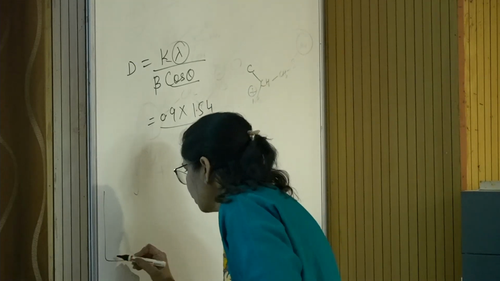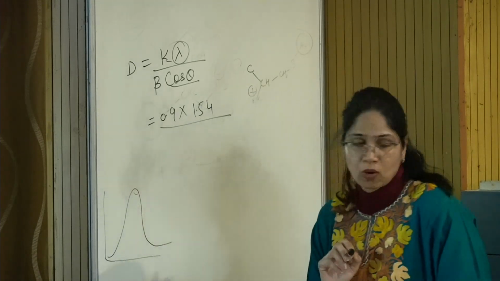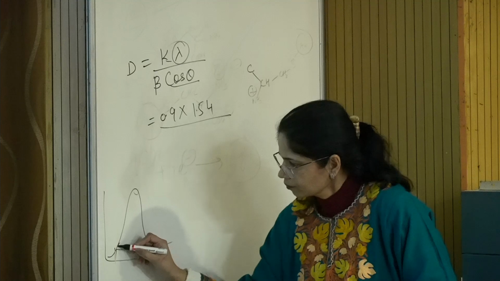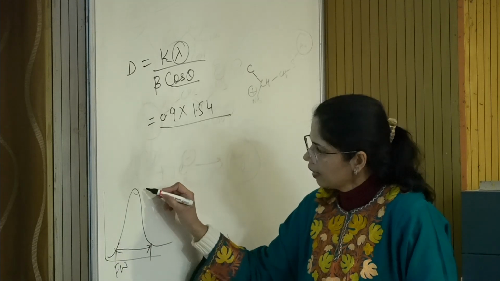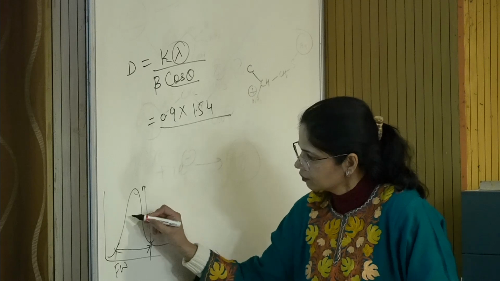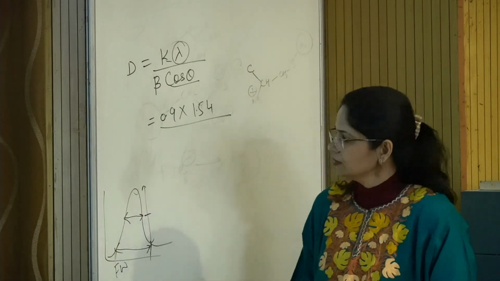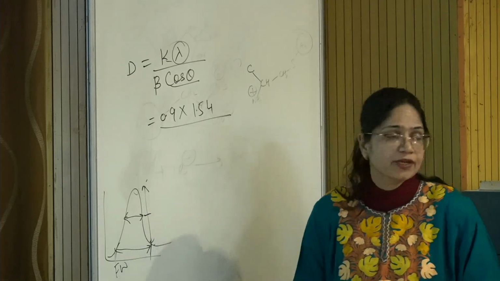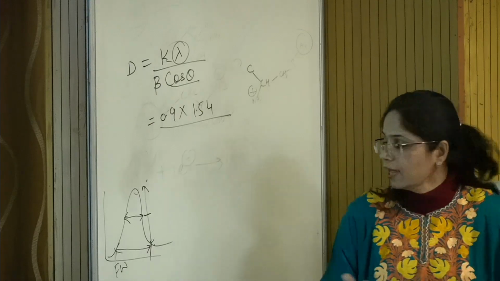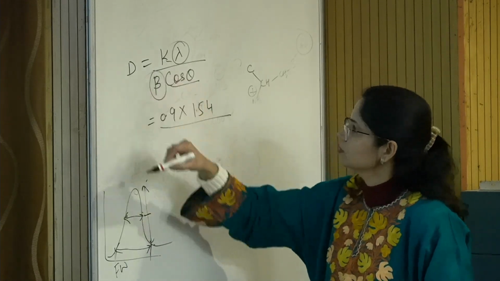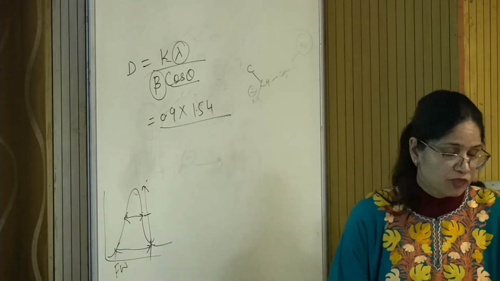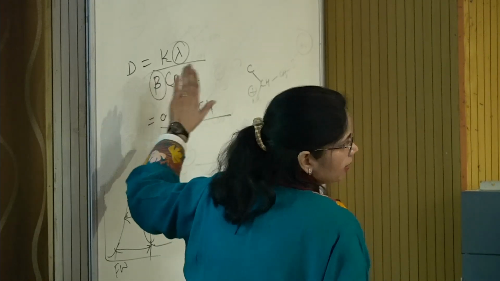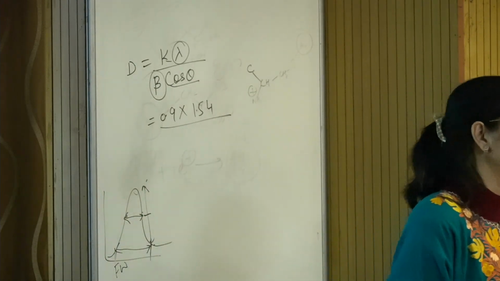If you have the plot, like this is the X-ray plot, this one is the full width, and this one is the half of the peak height, and this gives you the full width at half maximum. And theta is the angle of diffraction, and from this you can find out the crystallite size of the nanoparticle by using the XRD.